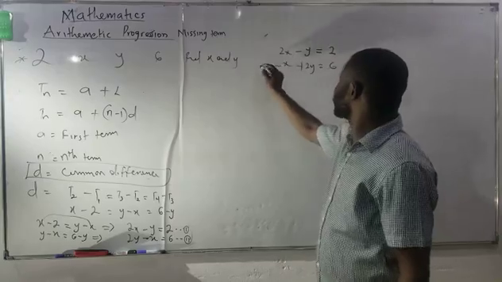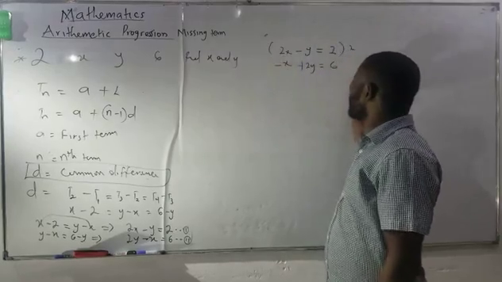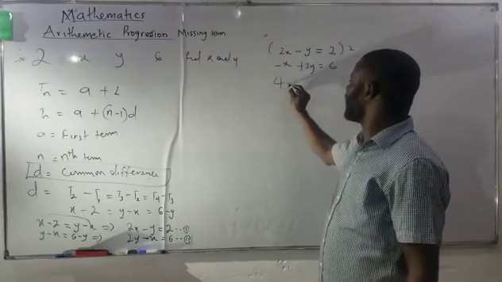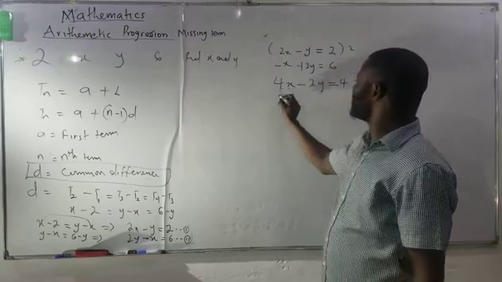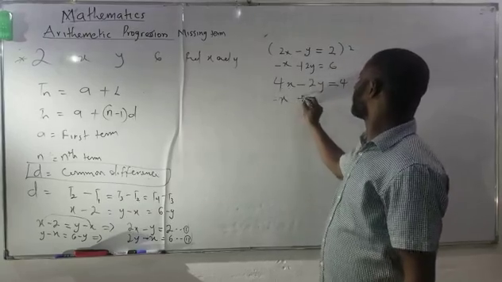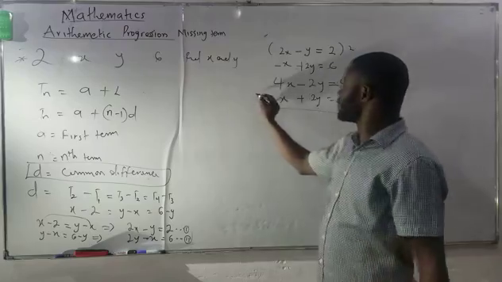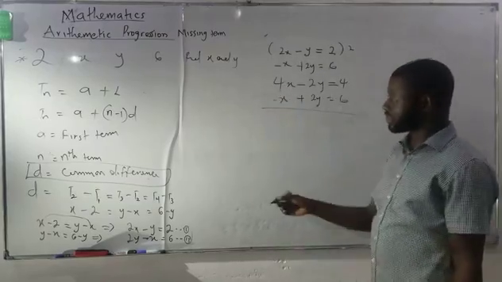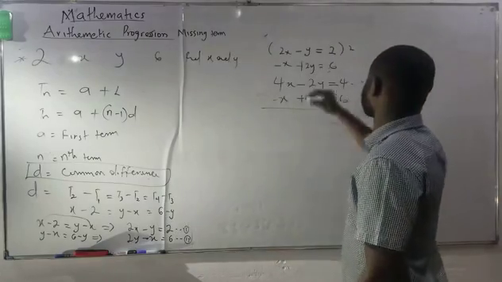Now, I can decide to multiply equation 1 by 2, and I'll have 4x minus 2y equals 4, and this one will be minus x plus 2y equals 6. This will be equation 3 now, because we're having a new thing.